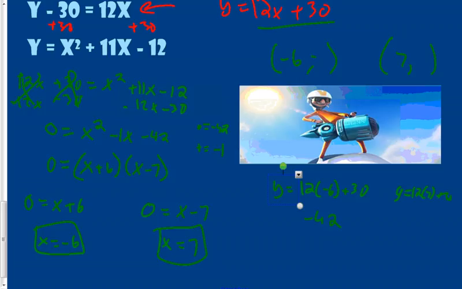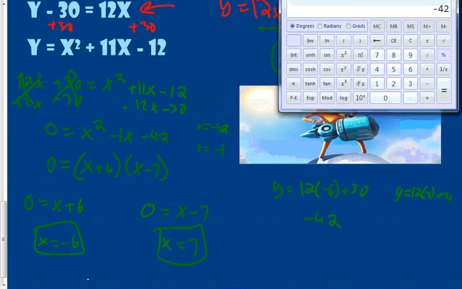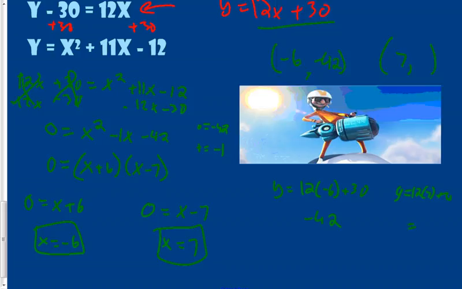So there's our first ordered pair. And then our second ordered pair is 12 times 7 plus 30, which is 114. So we have (7, 114).